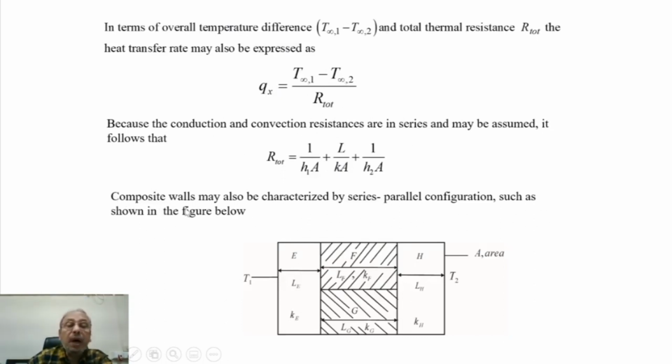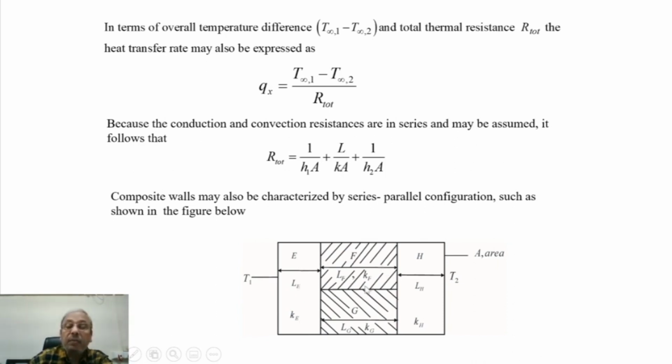Now composite walls may also be used. If we have a composite wall, one component is identified by E, this is one material, another component is identified by F, another is G, and another is H, and these are bonded together, but material-wise they are different.